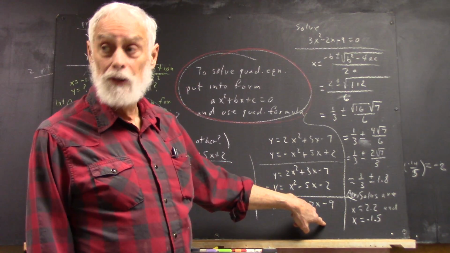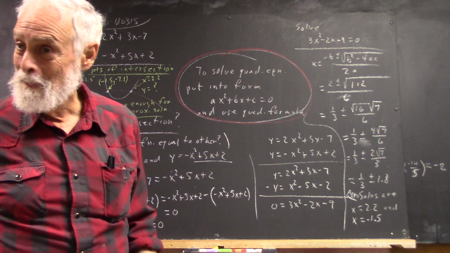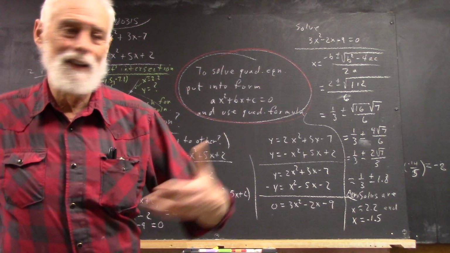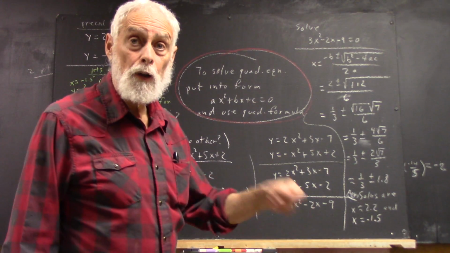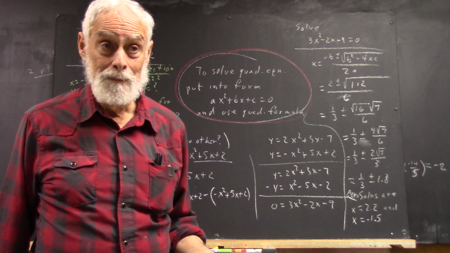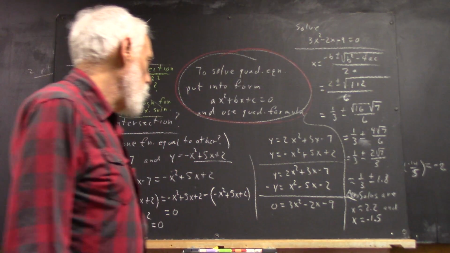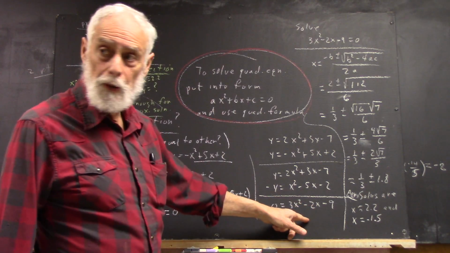Doesn't stop you from doing something and getting a wrong answer, but it's not going to work. Okay? You have to violate the rules of algebra to get even any kind of a solution. You have to use the quadratic formula, or you have to be able to complete the square. Okay? Or maybe you can factor. Usually you can't factor. So there are other alternatives, but the quadratic formula is the one thing that always works.